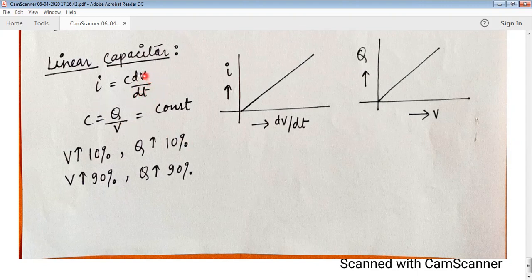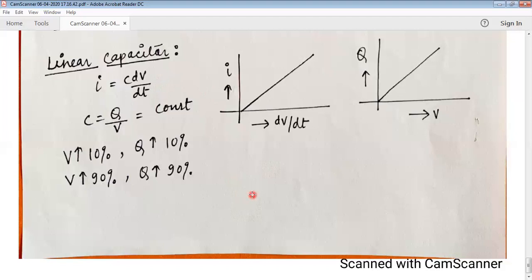If voltage is constant, then the rate of change of voltage will be equal to 0. And if the rate of change of voltage is equal to 0, then current will be equal to 0. If current is 0, then that condition is called the open circuit condition. So under steady state condition for DC supply, a capacitor always acts as an open circuit.